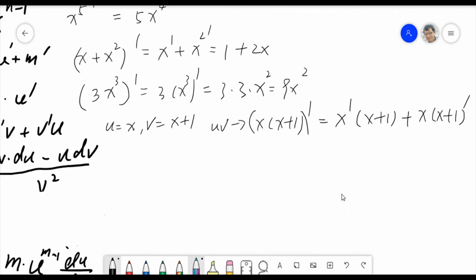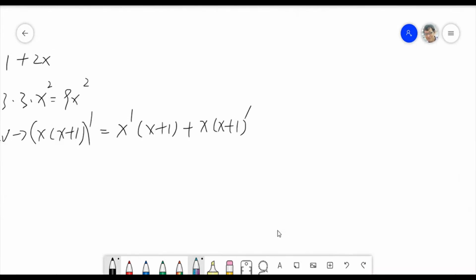So x prime is equal to 1, and copy x plus 1, plus x, times (x plus 1) prime, which equals x prime is 1, and 1 prime is 0, right? So it's 1 still times x. So the result is 2x plus 1.